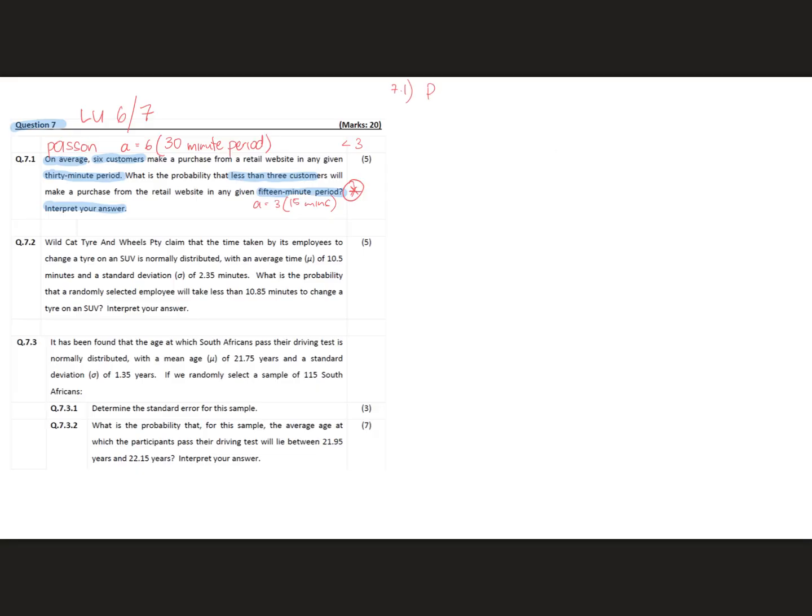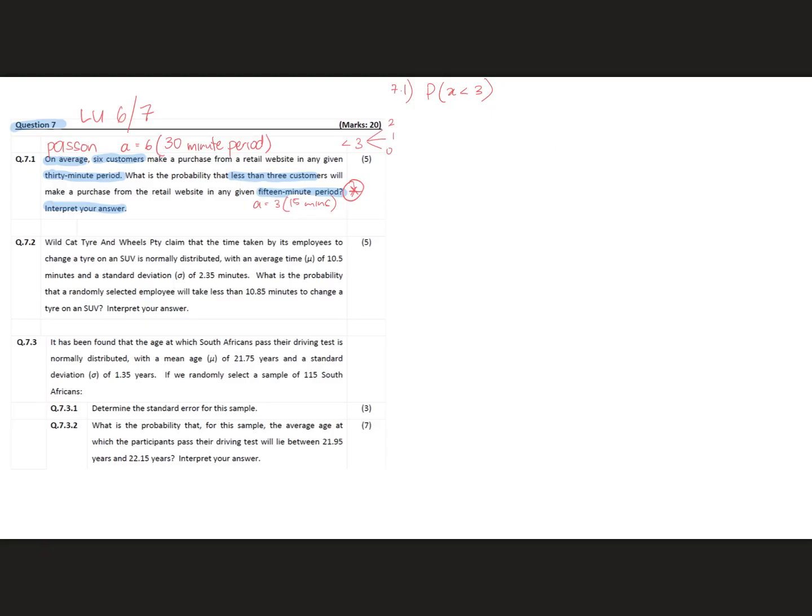We're looking at the probability of x being less than 3. So remember, it's not inclusive of 3, they just said less than 3. So that would mean that it would be every number lower than 3. And that would mean, and I'm just going to write that out here first, and then we'll write it out in the formula. That would be everything lower than 3, which is 2, 1, and 0.